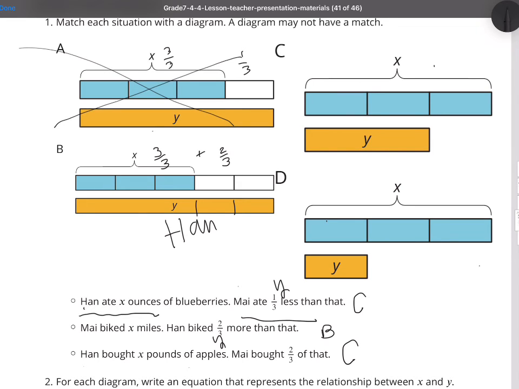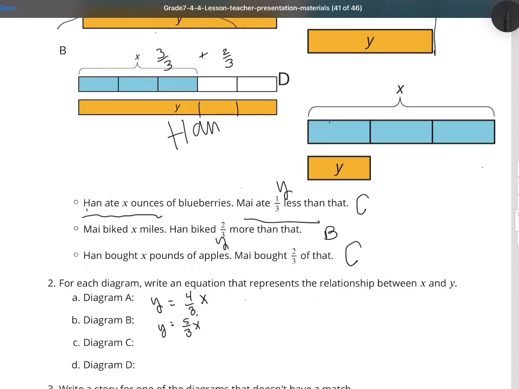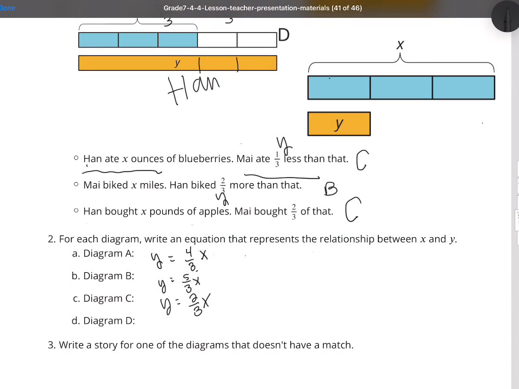If you guessed Y is equal to 2/3 of X, you are absolutely correct. And last but not least, how many pieces is Y equivalent to for X? I'm circling this. Y would equal 1/3 of X.